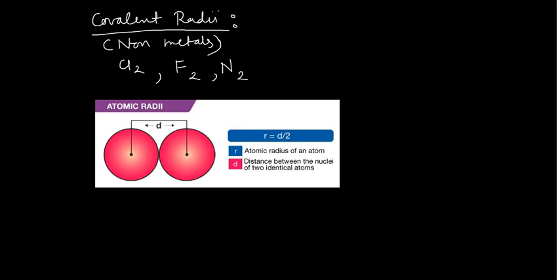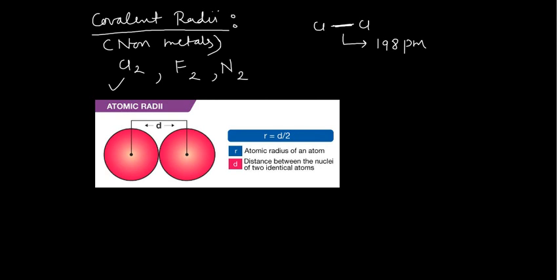Say I am taking the example of chlorine. This is one chlorine and this is another chlorine, and this is the total bond distance. This bond distance is 198 picometer, which is known as the bond length.